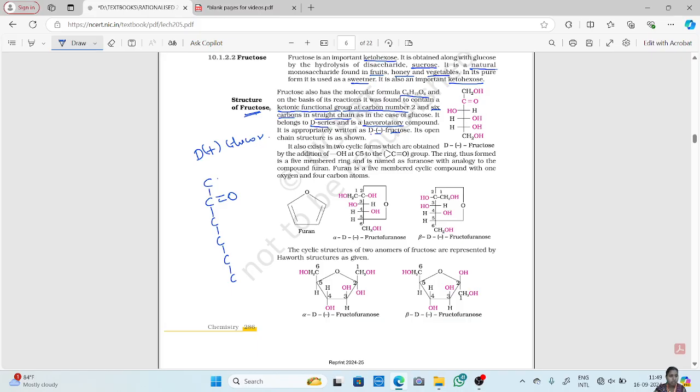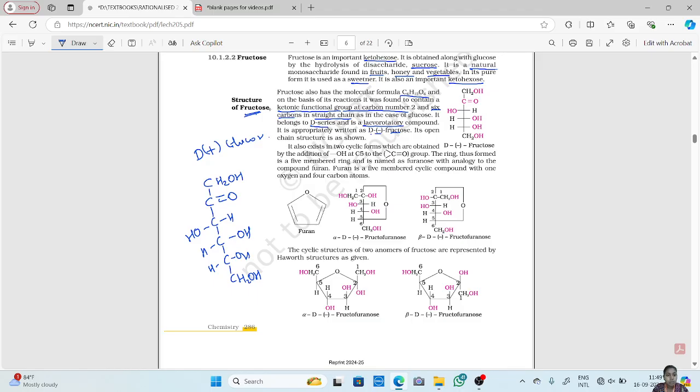The first carbon will have a primary alcohol. Then H, OH. As usual, on the third carbon the OH will be on the left hand side. Then OH, H, OH, H, and as usual you will have a primary alcohol at the bottom also. This is the straight chain structure of fructose.